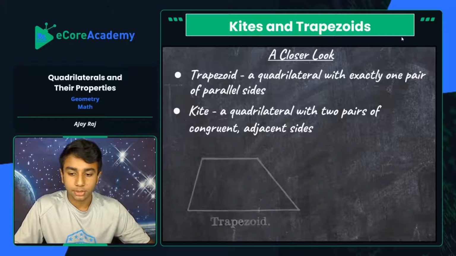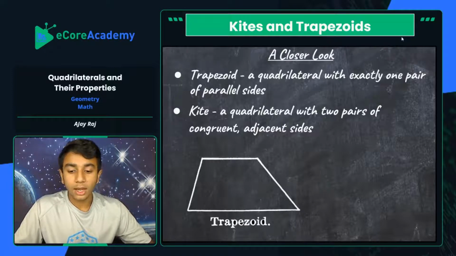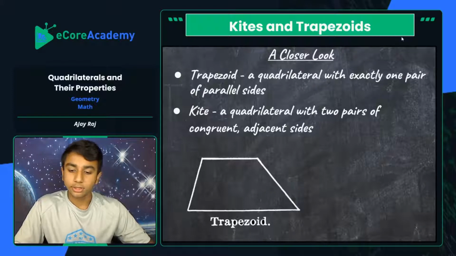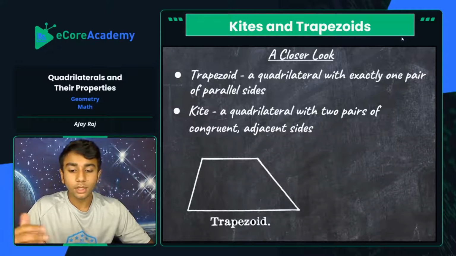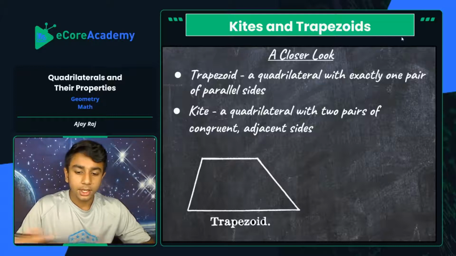So let's look at our examples here. This is a trapezoid, as you can tell. It's not an isosceles trapezoid. I'll get into what an isosceles trapezoid is, but it's a regular trapezoid in general. It has different relative side lengths and angle classifications, which I will get to later on in this video.